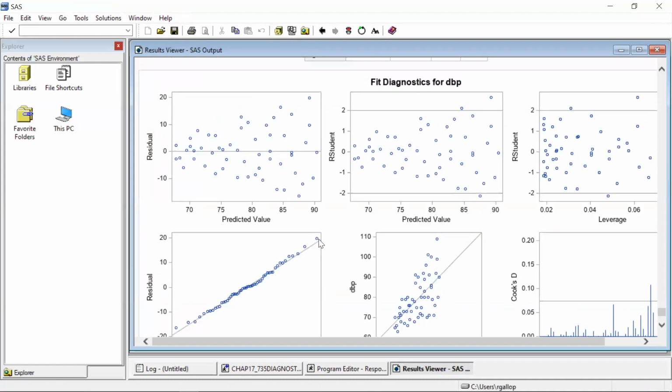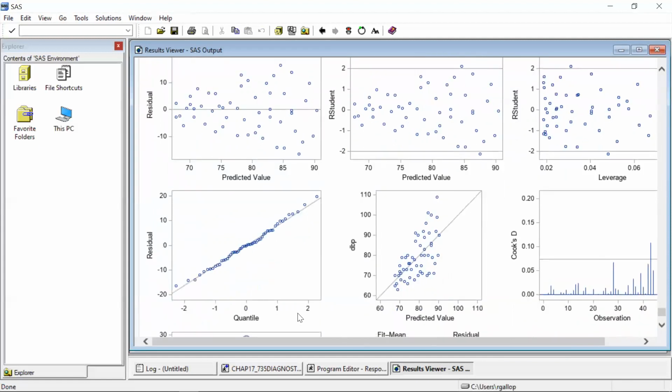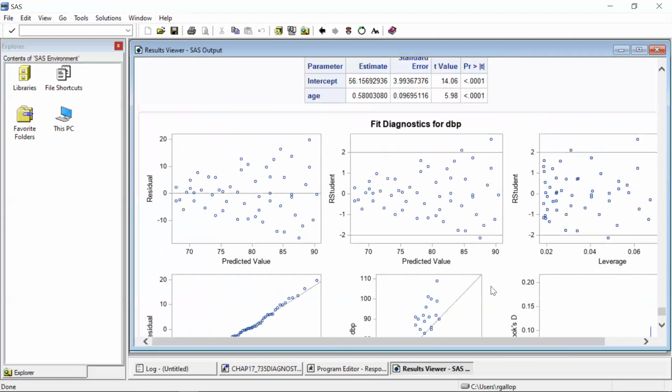When we start getting to the plots here, here's the predicted value as a function of the residuals. And if you notice in this plot, it does look like there's a little, what you call in 512, that funneling out. Funneling out is evident even if you look at the standardized residual. No issues with normality.